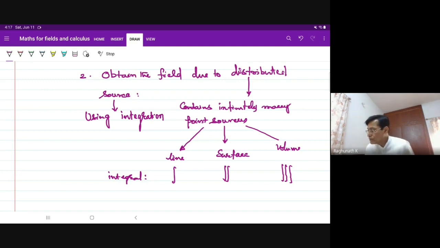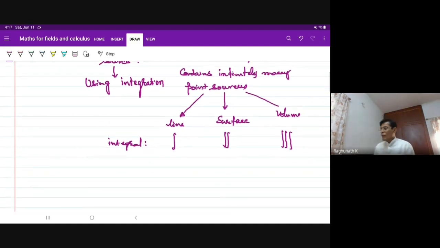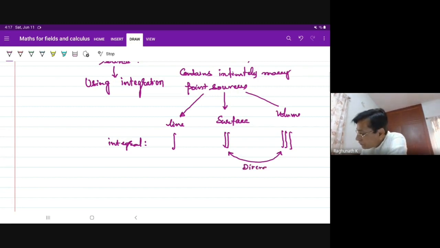Listen. Later on, we are supposed to understand the relation between these integrals in different cases through divergence theorem, and the relation between these two integrals through curl and Stokes theorem.